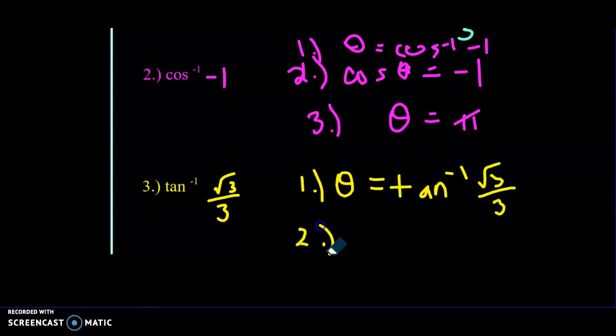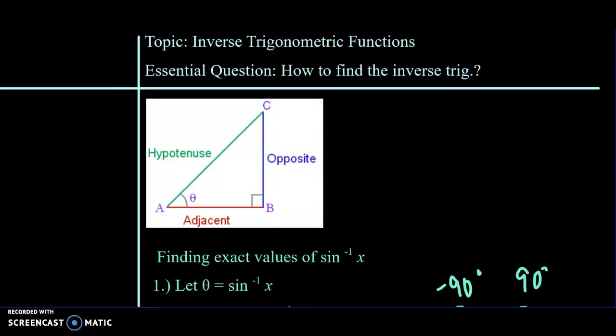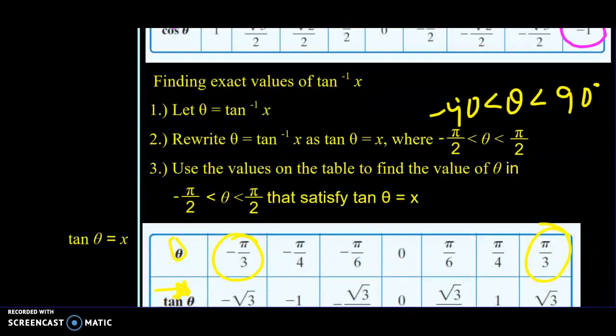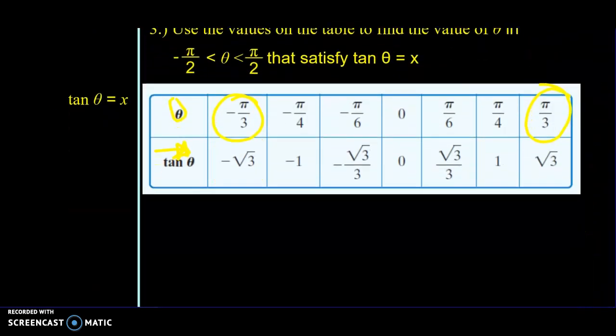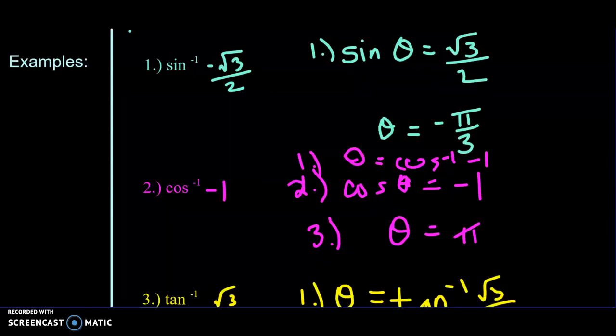Step 2 is to rewrite this as tangent theta equals square root of 3 over 3. And now what are we going to do? We're going to go back and look at our table. Look at tangent. Here's tangent. Positive square root of 3 over 3. What is your angle? Your angle is pi over 6.